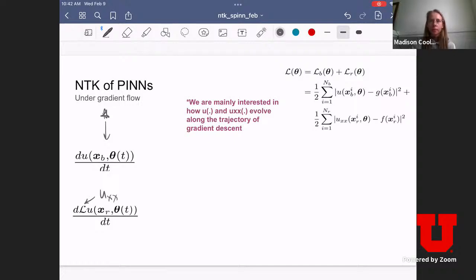So from here, if you apply the chain rule, you get du d theta times d theta dt. And we just derived what d theta dt is from the gradient flow.